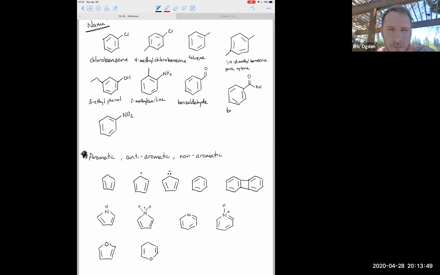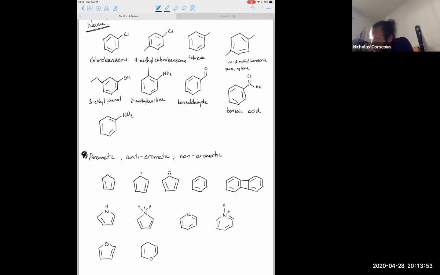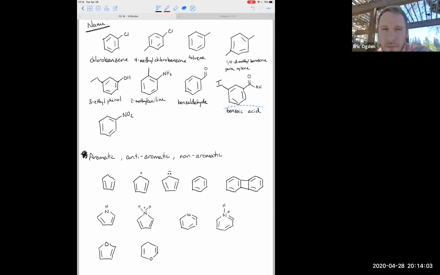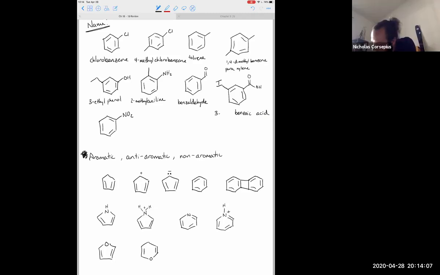Yeah, so this is benzoic acid. And again, what if I had, let's say, an iodine group right there? Meta-iodo benzoic acid. Yeah, meta or 3-iodo benzoic acid.